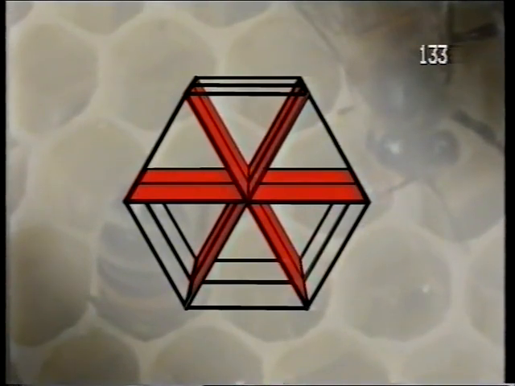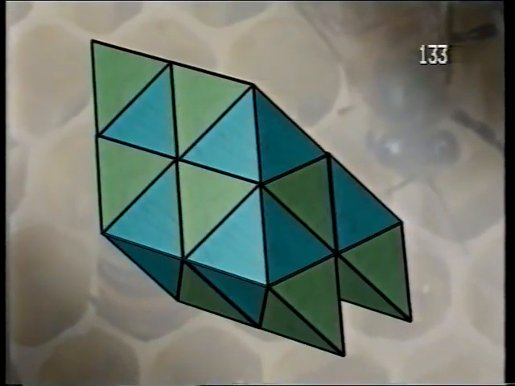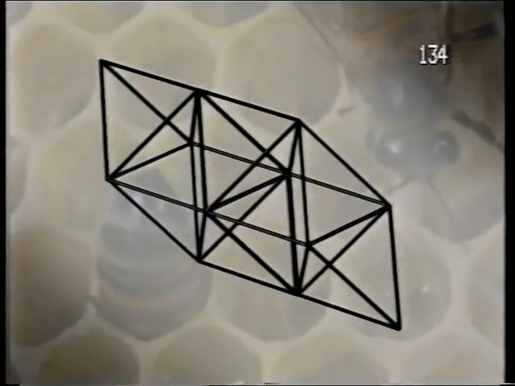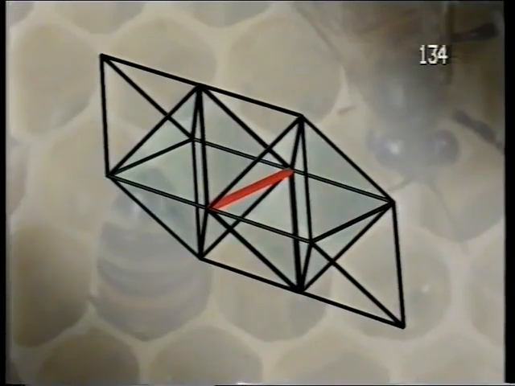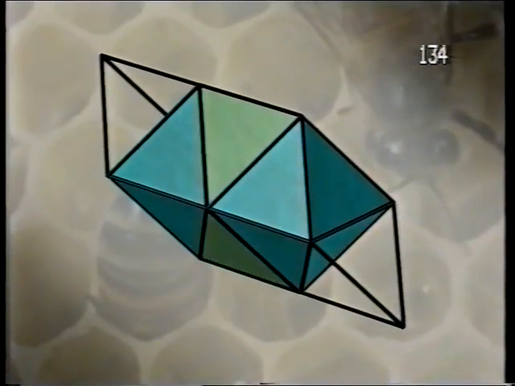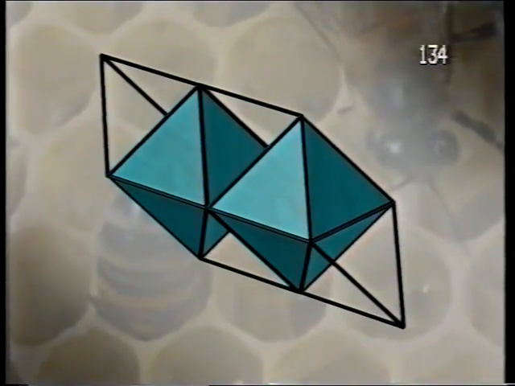So what happens with the octet filling? We've seen that the octet filling works, but why? What is happening at the edges where 4 octets meet? Well, at an edge, we'll always get 2 octahedra and 2 tetrahedra. And the octahedra and tetrahedra alternate around the edge. Octahedron, tetrahedron, octahedron, tetrahedron.